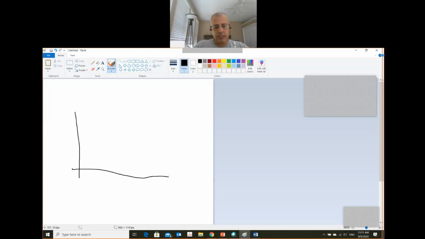Suppose we have these two axes. This is the time axis, and this is the magnitude of our signal, M. This is one symbol.